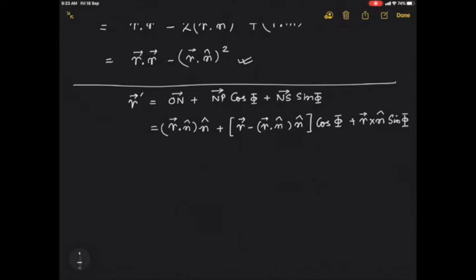Please check if r cross n cap gives you the right direction or it should be n cap cross r. That's your homework to check.